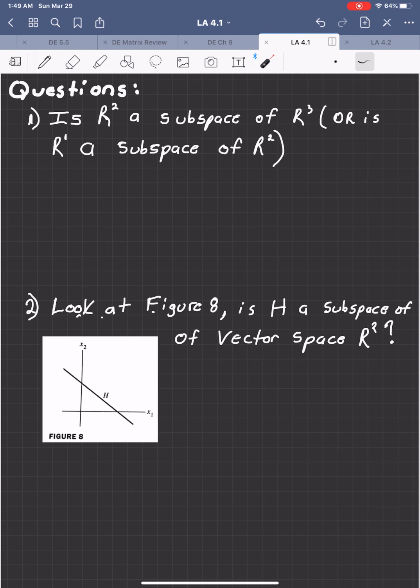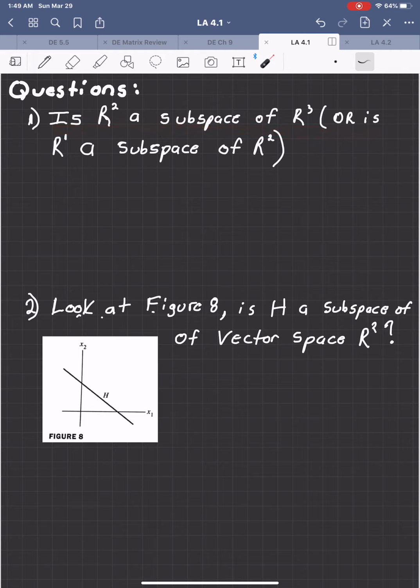Let's practice a few more. These are not tricky, but they're designed to make sure that you have a pretty good understanding of your vocabulary to be able to answer them. Let me read. So, is R2, now remember R2 is just 2-dimensional space, is R2 a subspace of R3?